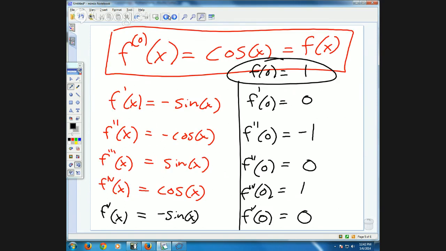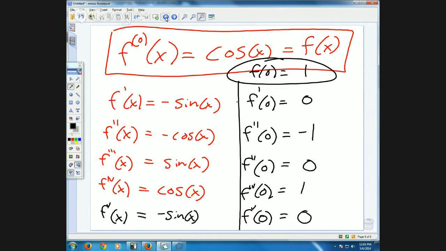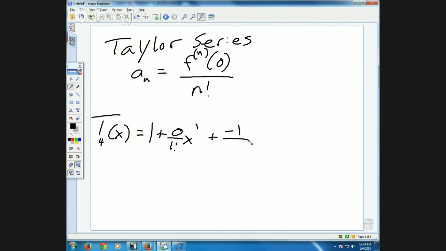the first term, which is 0. I'm going to write it down anyway: 0 over 1 factorial times x to the first. I'm writing it down for a reason I'll get to in a second. The next term has coefficient negative 1 on top: negative 1 over 2 factorial times x squared.